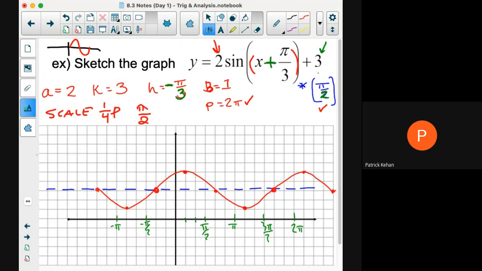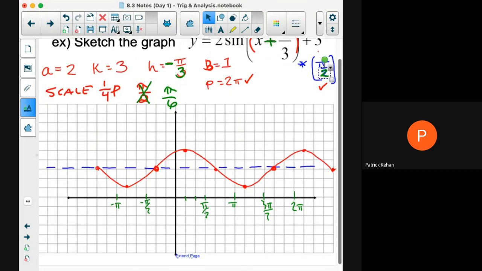So we want to scale not by pi over 2, but by pi over 6 to accommodate for this pi over 3 H value and the helpful scale of pi over 2. Multiples of pi over 6 will give us pi over 3s, and multiples of pi over 6 will also give us pi over 2s. So pi over 6 is the logical approach.